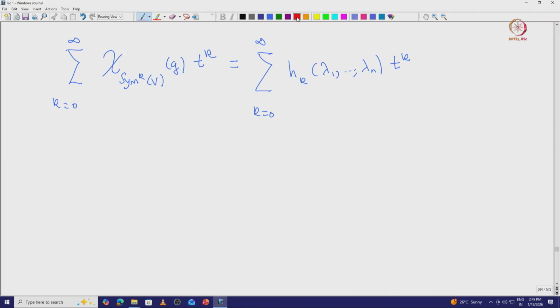Let us see how one can do that. Recall that 1 divided by 1 minus x is given by 1 plus x plus x squared and so on. In particular, if we take 1 divided by 1 minus lambda t, this is given by 1 plus lambda t plus lambda squared t squared and so on.